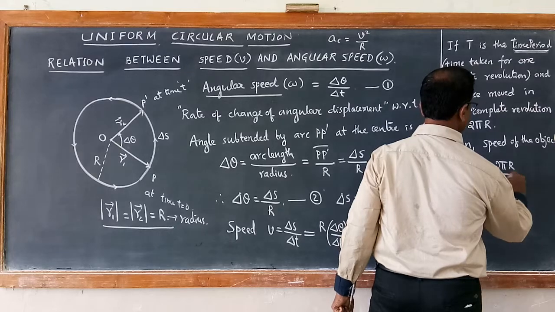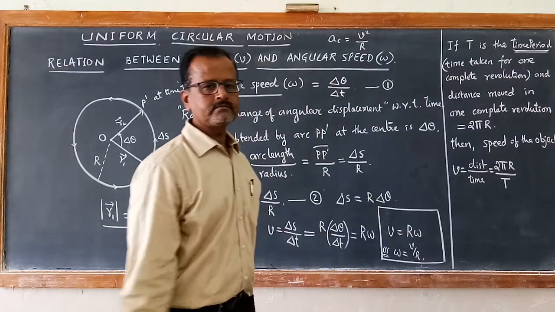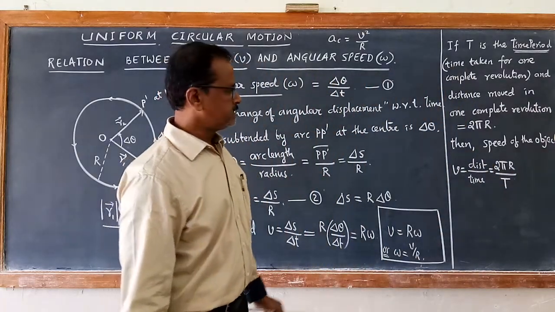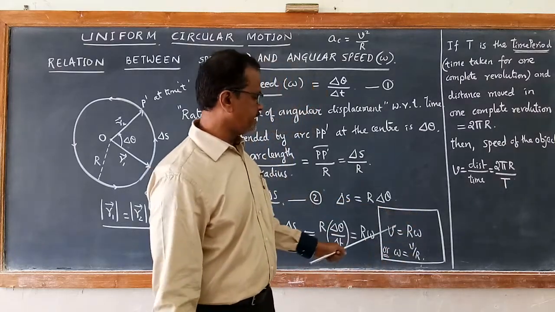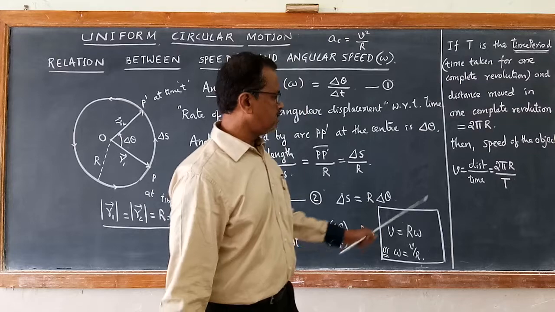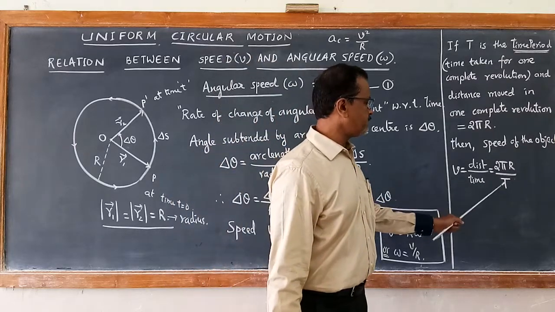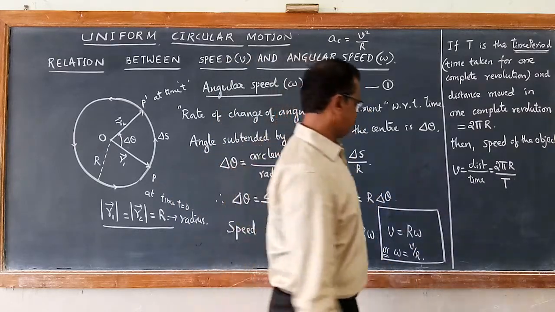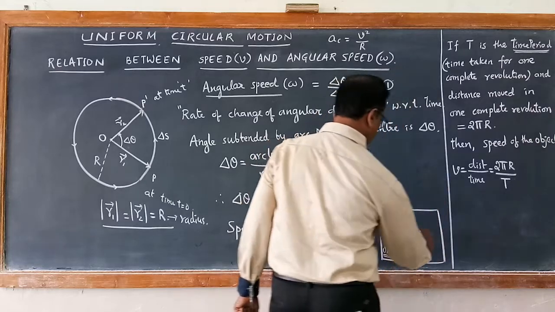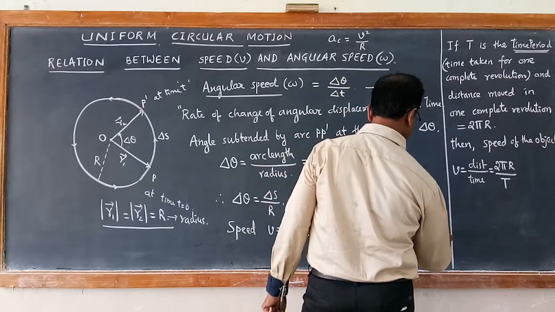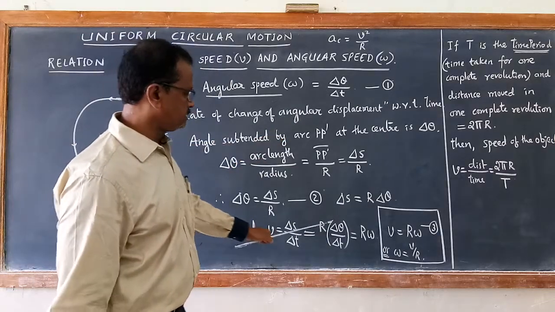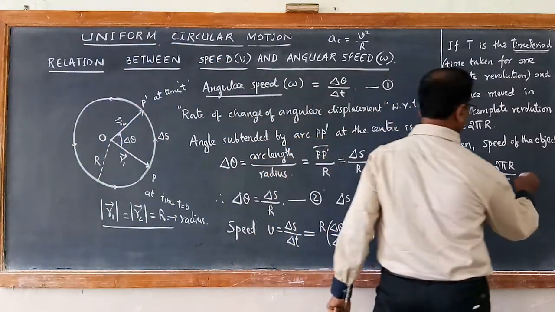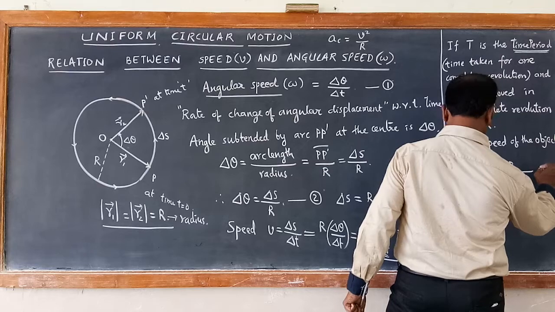Time taken is capital T. Right? So this gives another relation for linear speed. Linear speed is v equal to r omega. Linear speed is 2 pi r by T. So this you can call it as v equal to r omega as equation number 3. This you can call it as equation number 4.